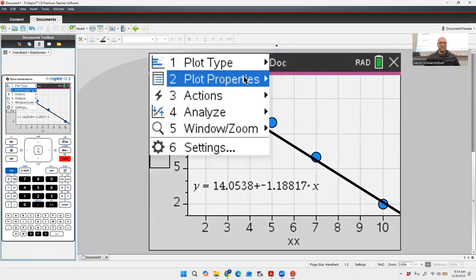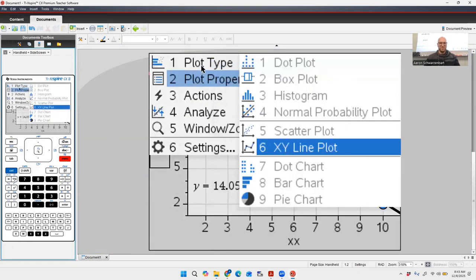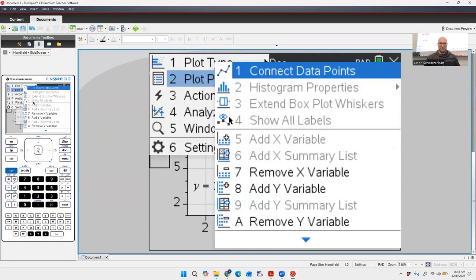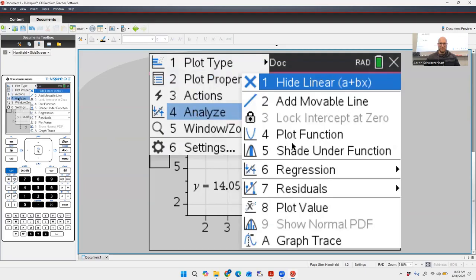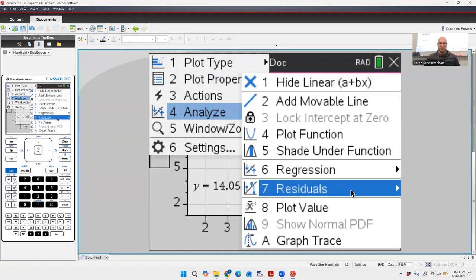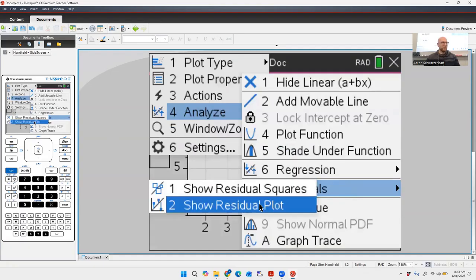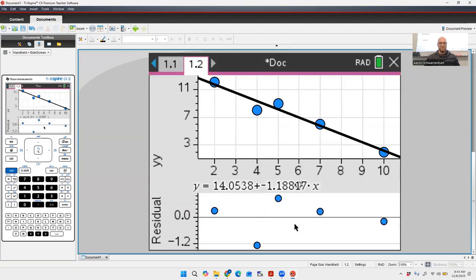So, menu, plot type. Is it plot type? No. Oh, analyze residuals. Show residual plot. Does everybody get the show residuals?